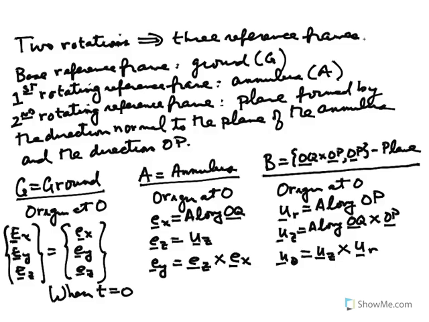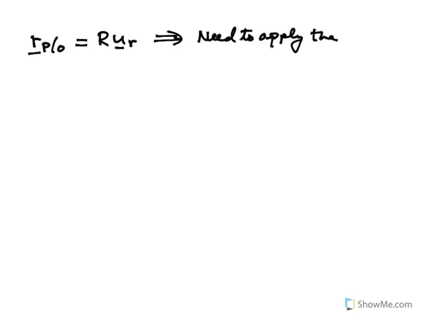Now, once we have that, we can start doing the calculations. The position of P relative to O is equal to R times UR. Now, because UR, U theta, UZ is fixed in frame B, we're going to need to apply the transport theorem from B to G.